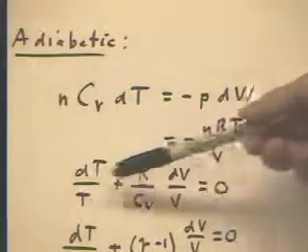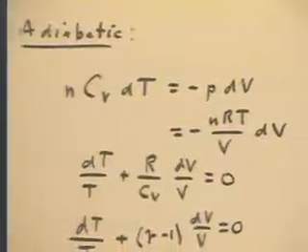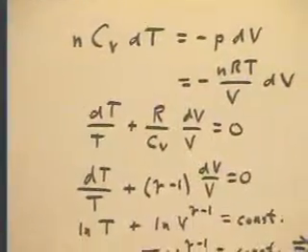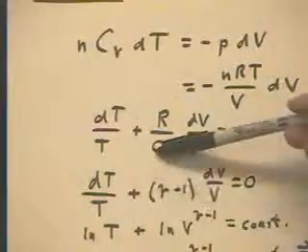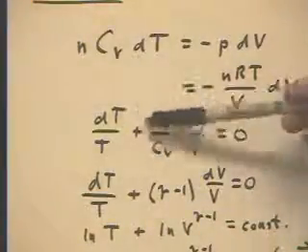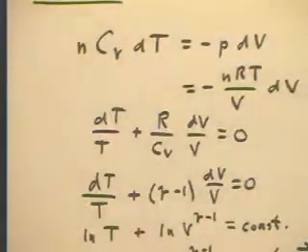Now that's a simple differential equation. We note that we've got this R over Cv. Well, that's like R over 3/2 R, isn't it? Or R over 5/2 R, depending on whether we have monatomic or diatomic gas or perhaps something else.